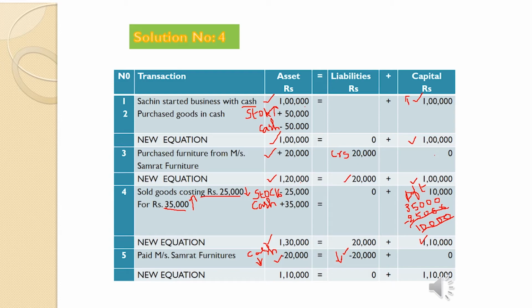Here creditors is also decrease, so minus 20,000. So 1,30,000 minus 20,000 is equal to 1,10,000. Here minus 20,000 is 0. 1,10,000 plus 0, 1,10,000. So the equation is proved: assets is equal to liabilities plus capital. Okay.